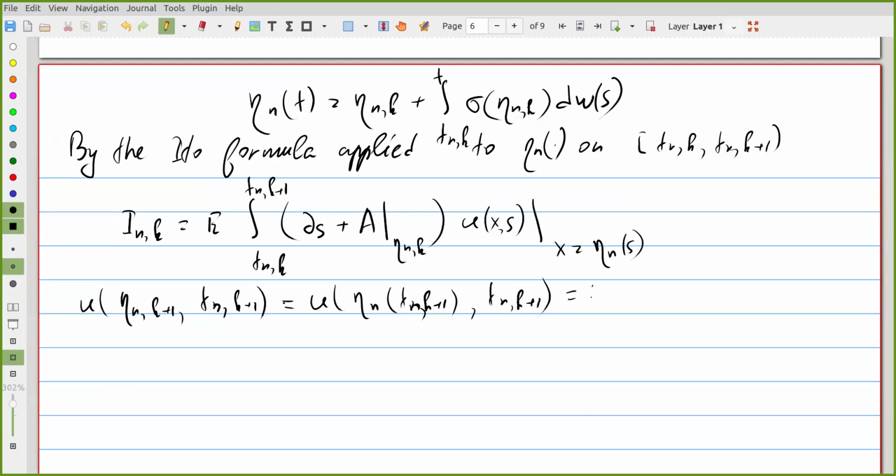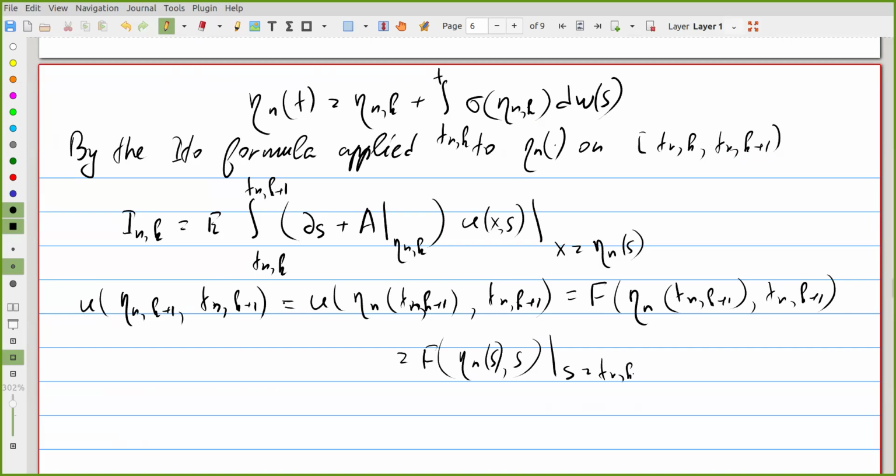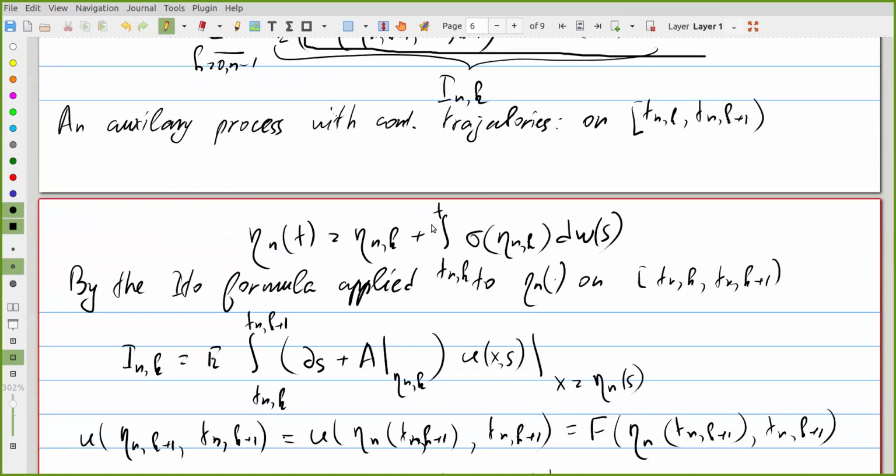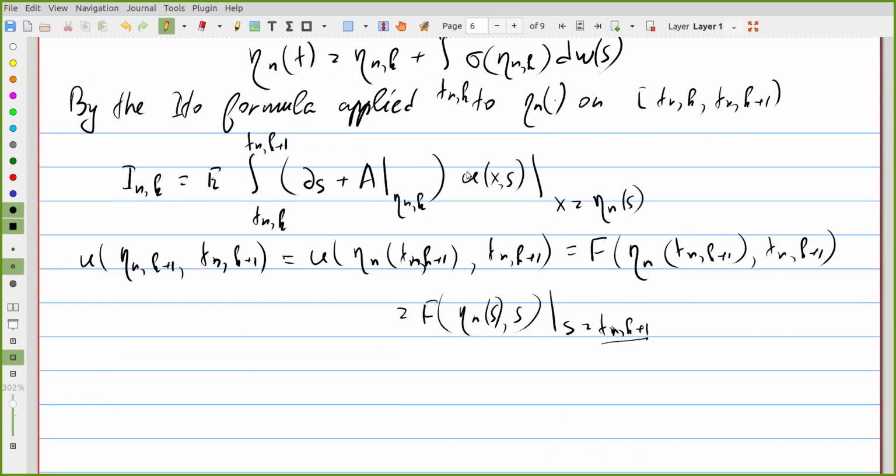So this is our function of eta_n at time t_n^{k+1}. You need to be a bit more careful here, because this representation changes to the representation on the next part of your division of the original time interval, but since it's continuous, it doesn't matter.